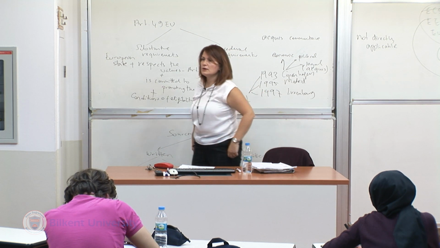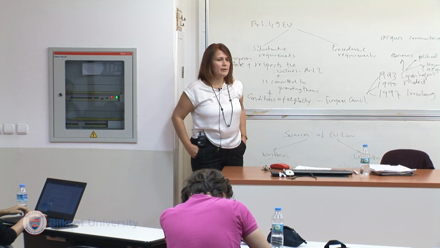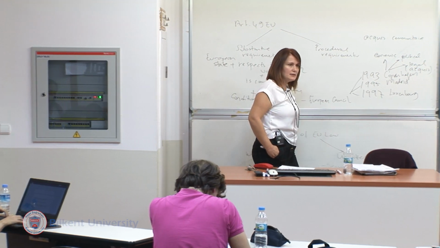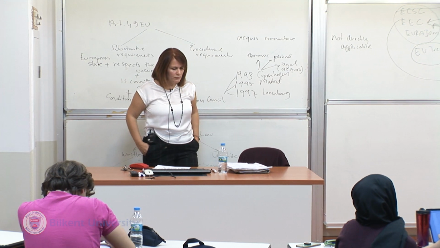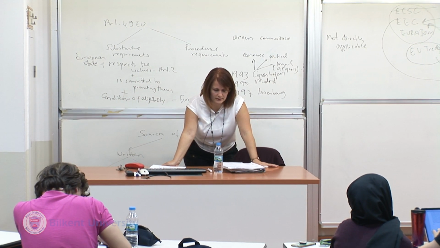Therefore, according to the political criteria, the candidate country must have established the stability of institutions, guaranteeing democracy, rule of law, human rights, and respect for the rights of the minorities.